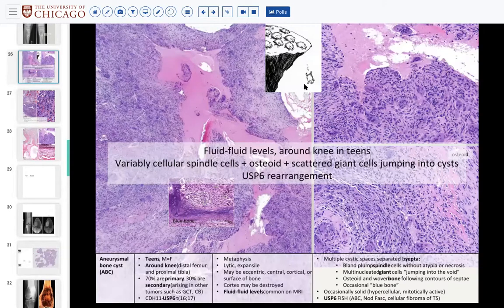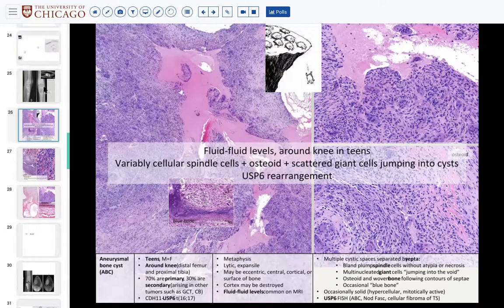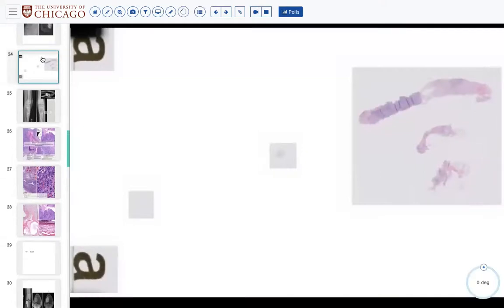We see blue bone here. We see the lemmings jumping off into the cliff, pew here, pew here. But USP6 FISH can be confirmatory if the case is ever questionable. So again, another reason to not decalcify things if this is significantly osseous. This was not very osseous at all, so it didn't even need decal.